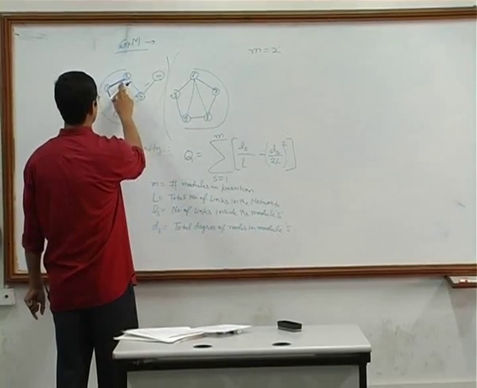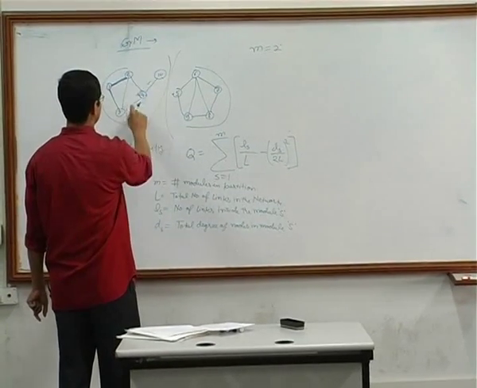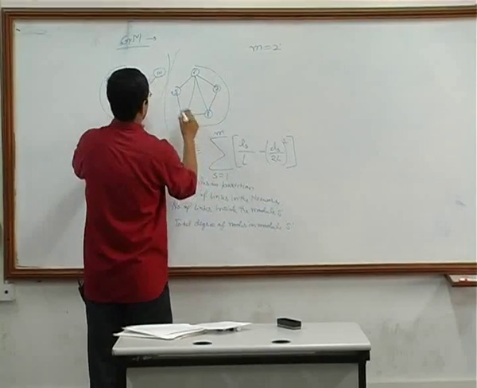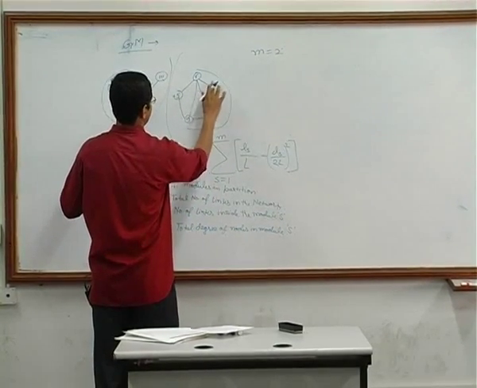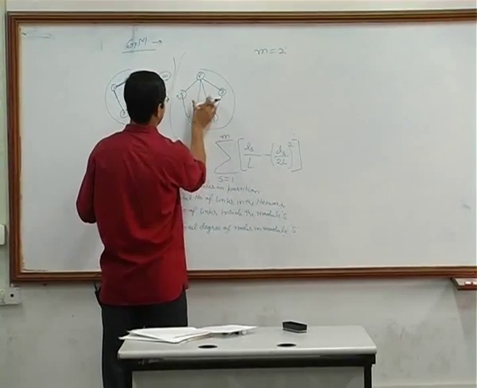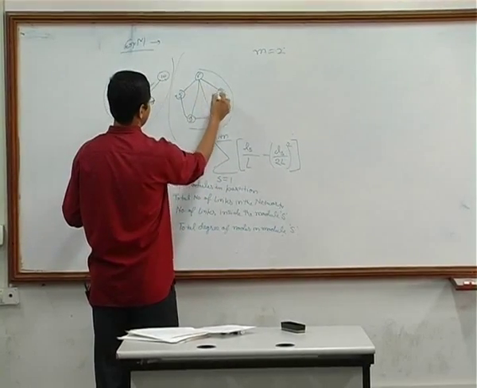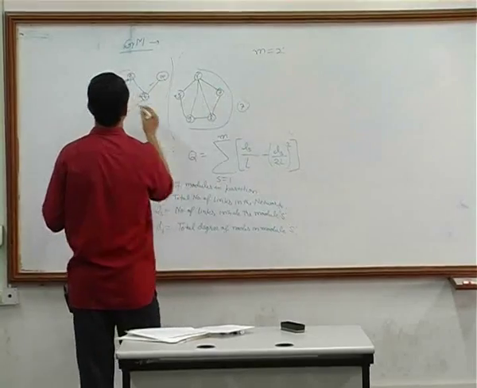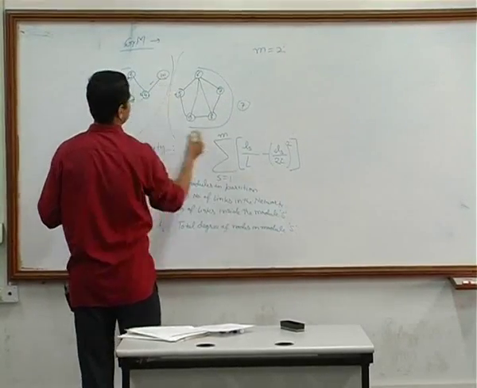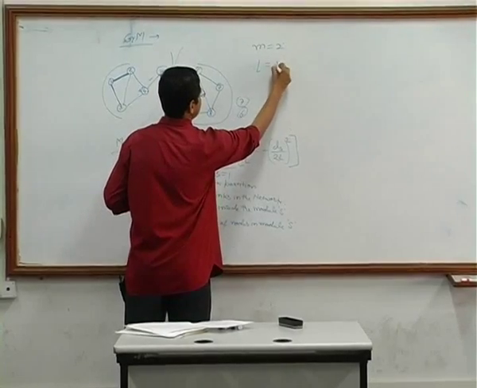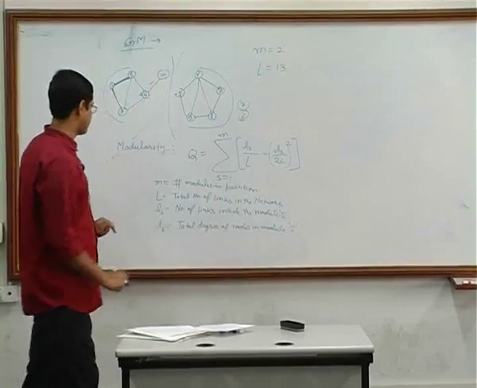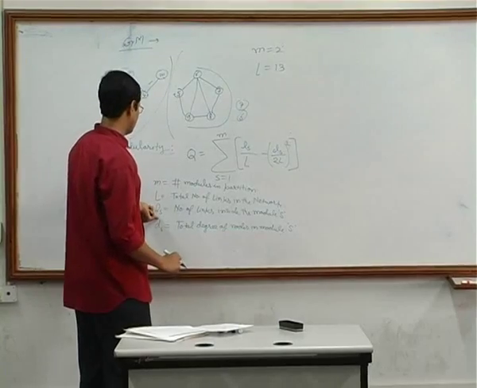You can calculate the total number of links. Here it is 1, 2, 3, 4, 5, 6, 7 and here it is 1, 2, 3, 4, 5, 6. So L is equal to 13.